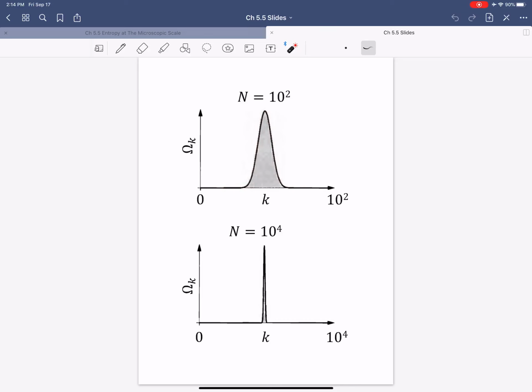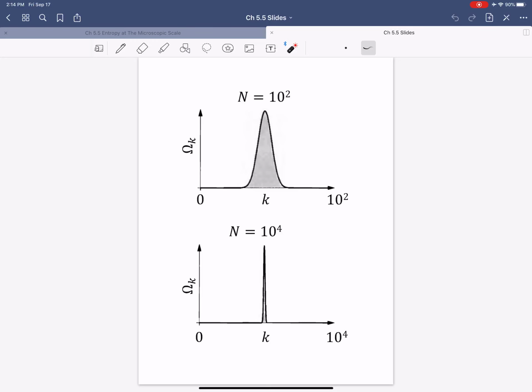If we increase our number of coins to 10,000 and we still plot the minimum and the maximum k values here, we see that our distribution is much narrower. In fact, it's almost a line. Really, the only macrostate that you would observe, that has a reasonable probability of being observed, is the one right in the middle.